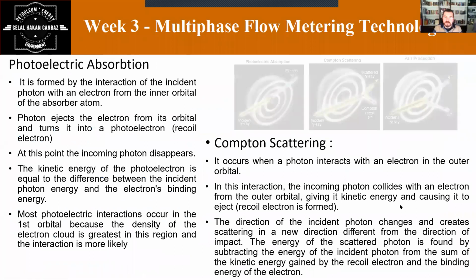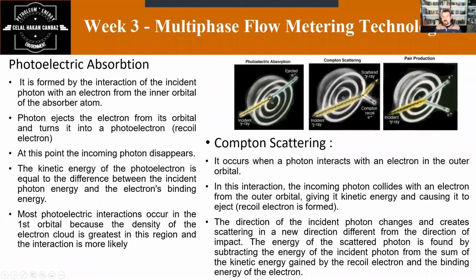Let's talk a little bit about the physics of this. When it's making this collision, three physical phenomena occur. One is photoelectric absorption, the second is Compton scattering, and very rarely there is pair production.